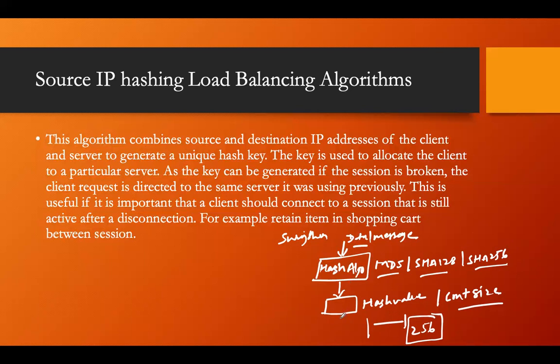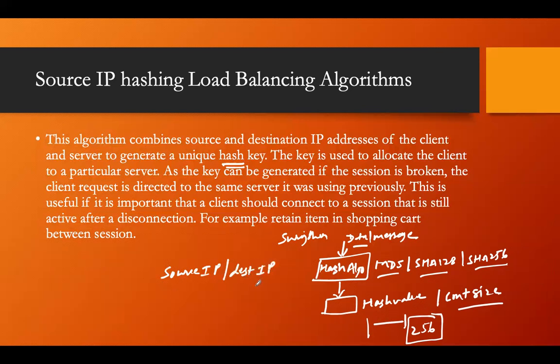Now, what it is saying is that whenever we want a server to serve a request, the load balancer will find out the hash key. This hash key is found from the source IP address combined with, this is a concatenation sign, the destination IP address.